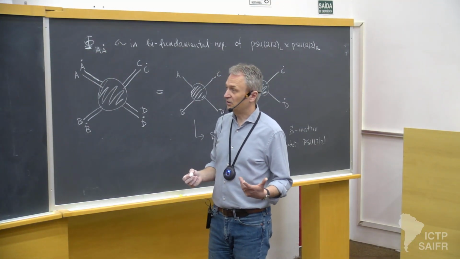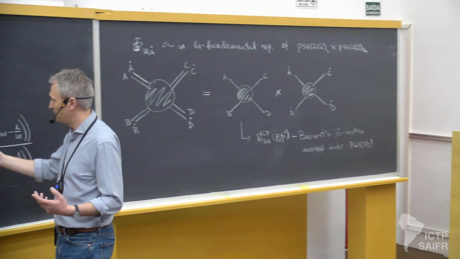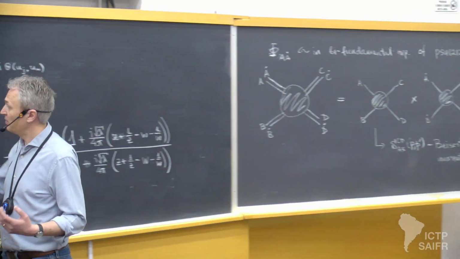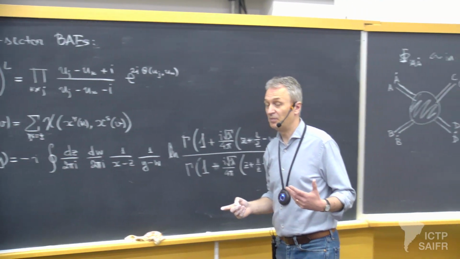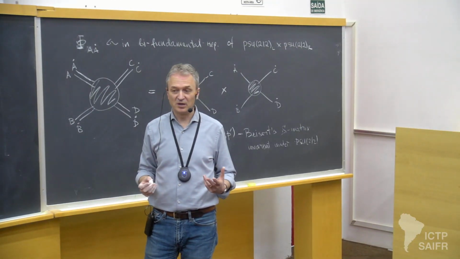So the Bethe equations acquire this additional phase, and the kinematics that relates rapidity to the momentum changes. Apart from that, they have the same form as at one loop.